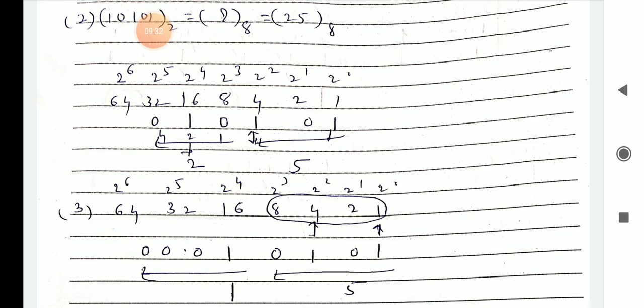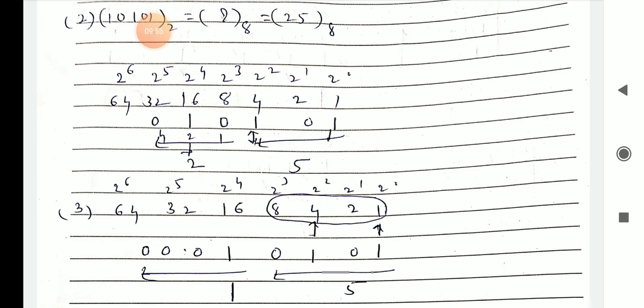So 3 pairs you consider. Where there is a 1 you take the 4 2 1 pattern; if 4 pairs are there, you take the 8 4 2 1 pattern. 4 plus 1 is 5, then the 2 is 2, so 25 is the answer of that conversion.